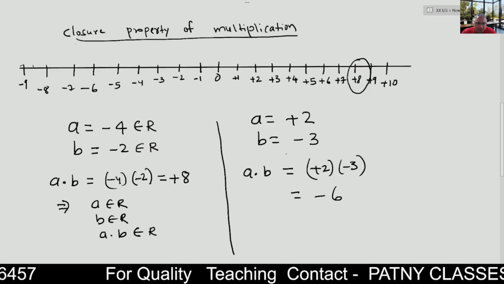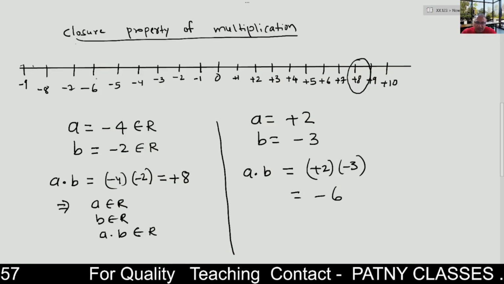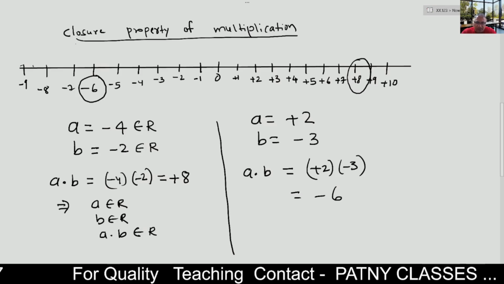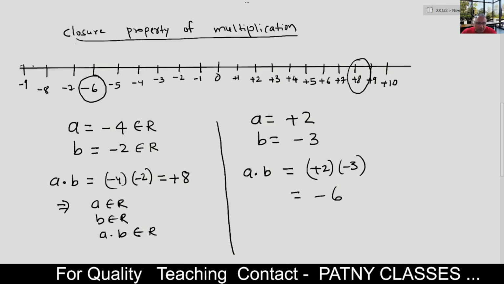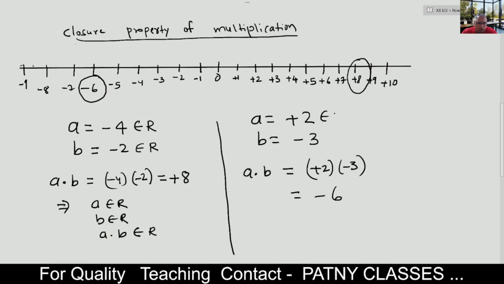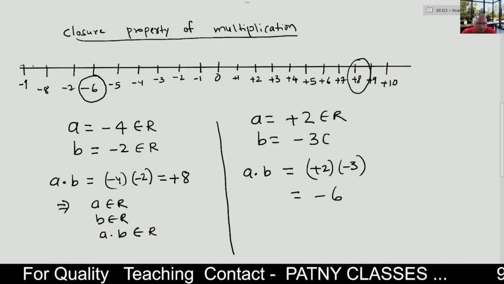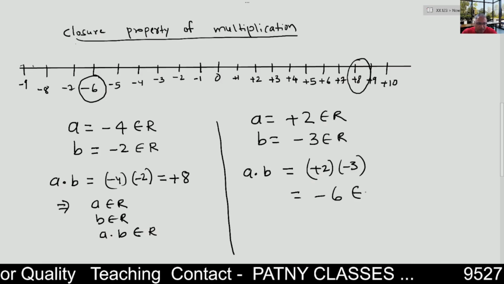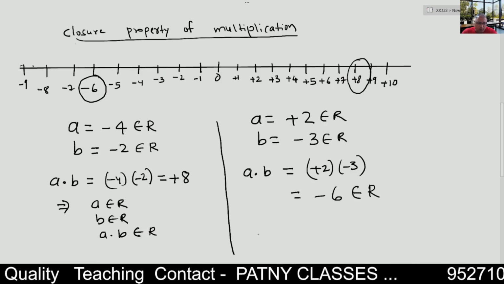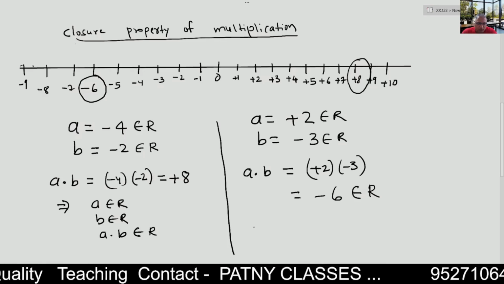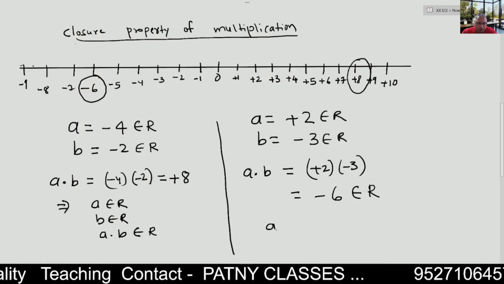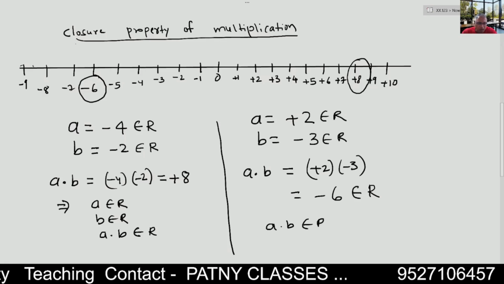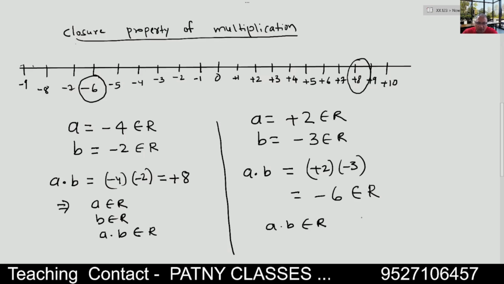Is minus 6 present on the real number line? Yes, minus 6 is present on the real number line. That implies A belongs to R and B belongs to R implies A dot B belongs to R. Therefore, here also the condition A dot B belongs to R is satisfied.